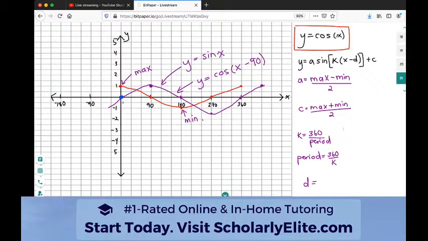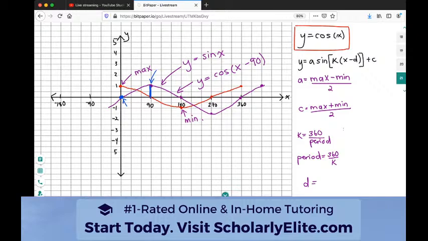So like I said, this purple line can be described either as sine of x, because if we look at its starting point, it's at the midpoint here, or it can be cos x minus 90, because that's right here the cosine starting point, aka the maximum. So each of these functions has quite a few ways that you can describe it. And it's just very important to remember.